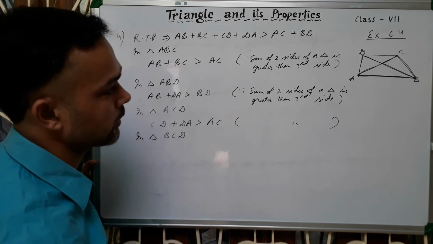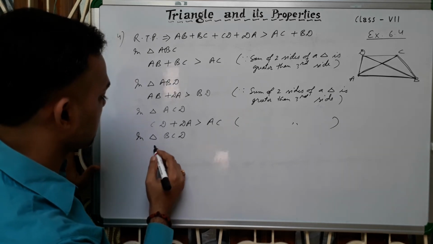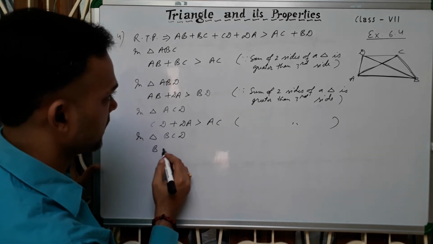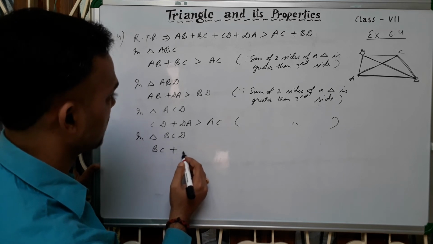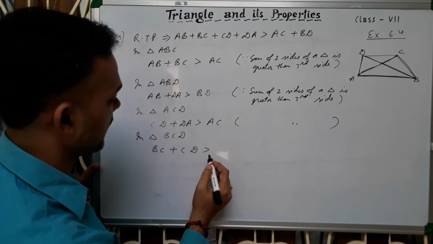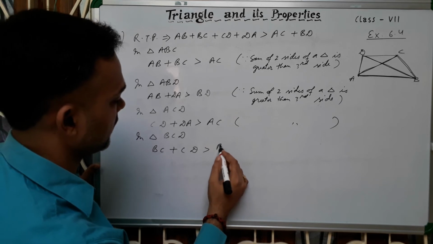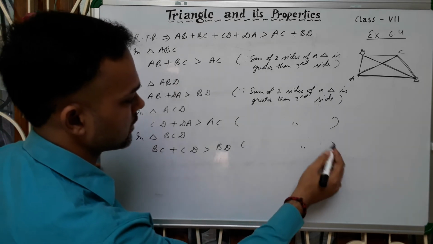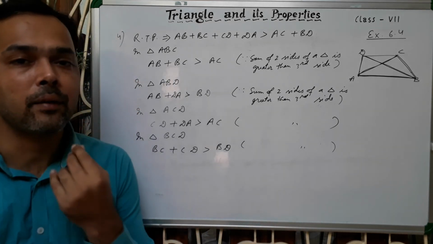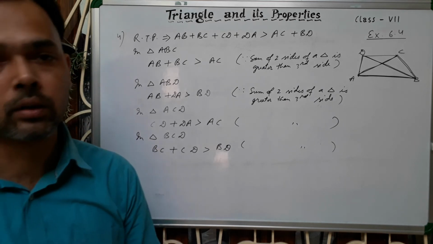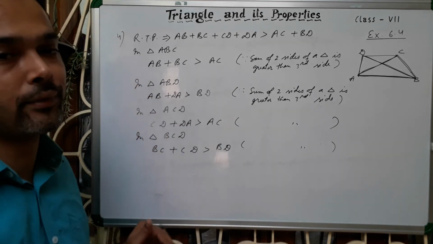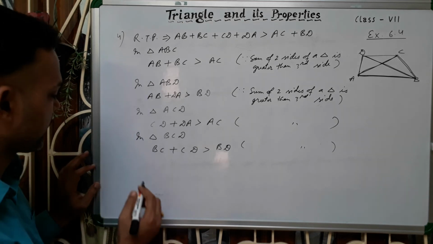Now in this what will be happening is BC plus CD will be greater than BD. The reason remains same.